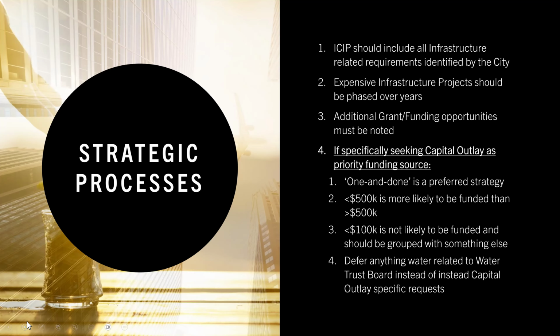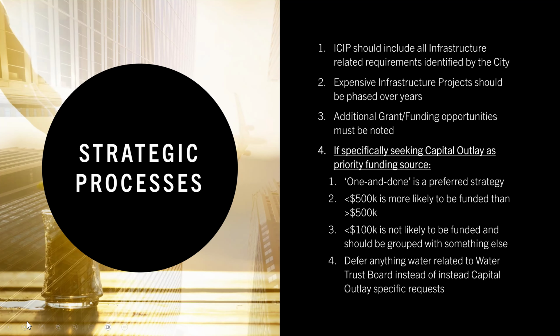A one and done project is the preferred strategy, and that's right out of ICIP 101. I don't know if there's an ICIP 101, but there's a training module for it. One and done projects are more tenable than a phased approach to getting something done by capital outlay itself.